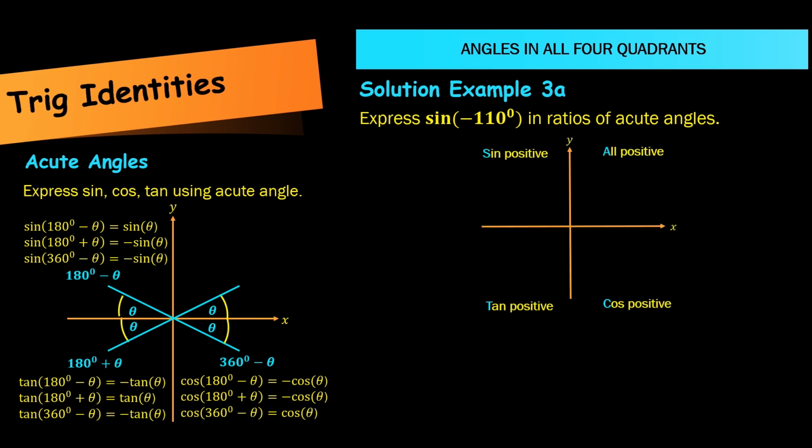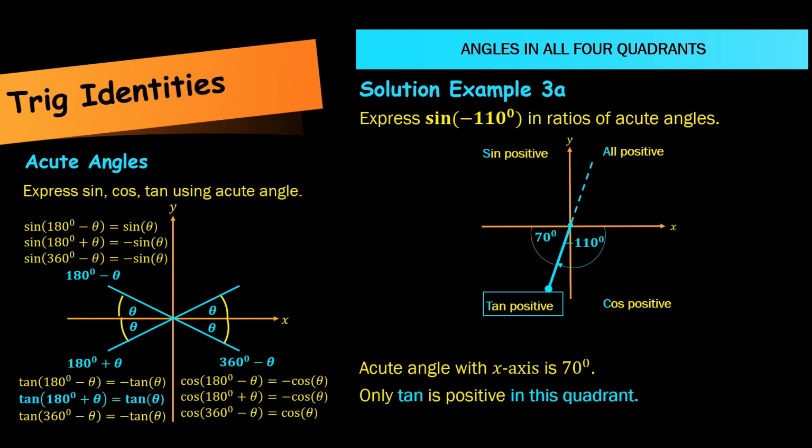So let's take a look at the CAST diagram. Minus 110 degrees is as shown. The angle lies in the third quadrant. It makes an acute angle with the x-axis of 70 degrees.